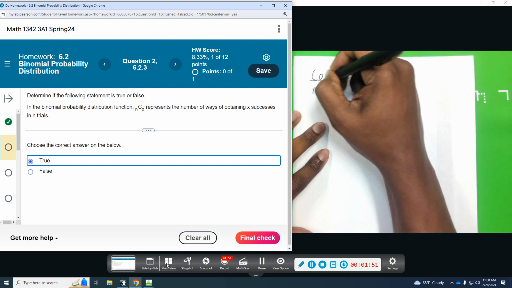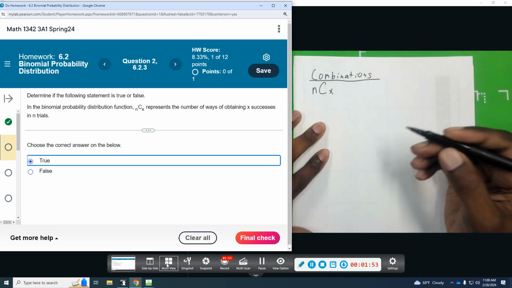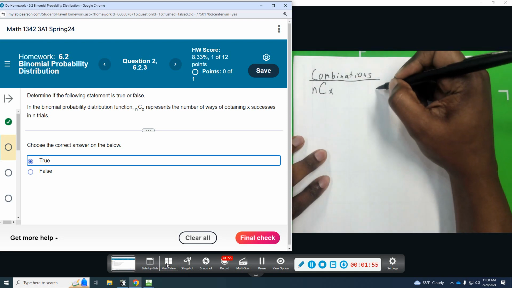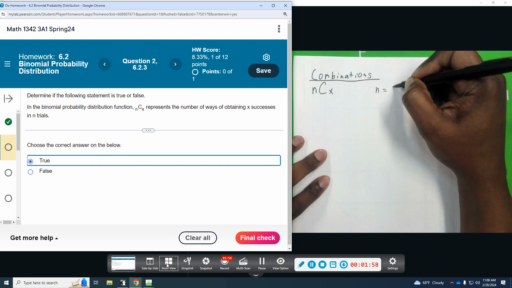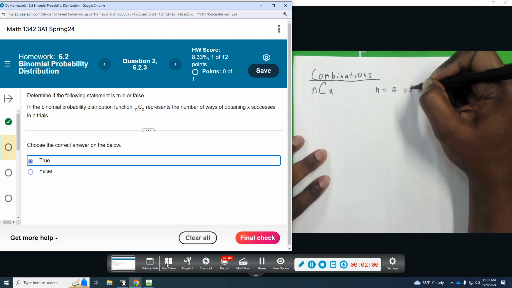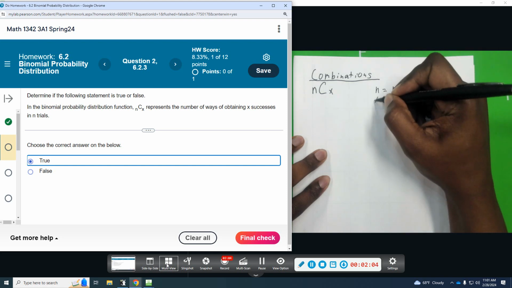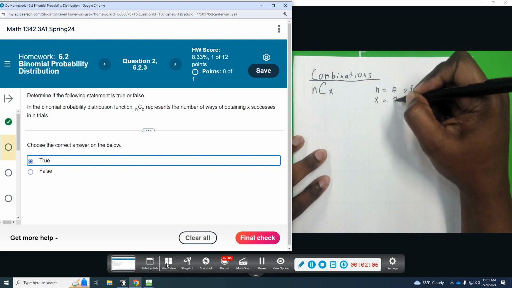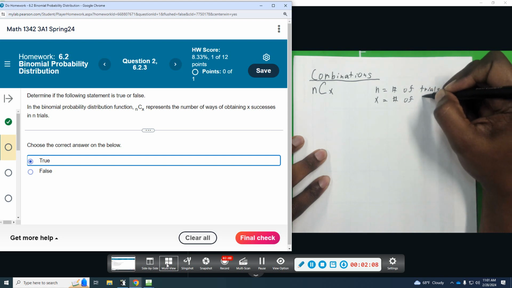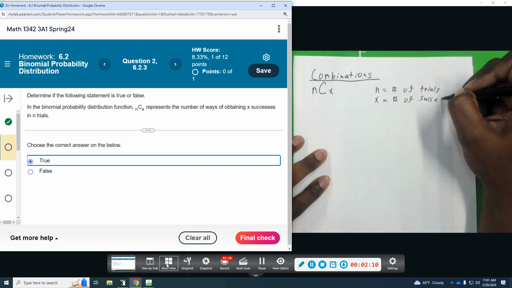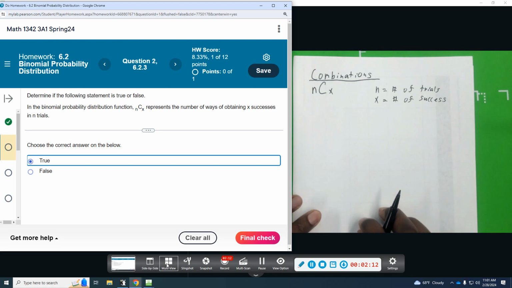Number of ways of getting x successes. n is the number of trials. x is the number of successes. Okay.